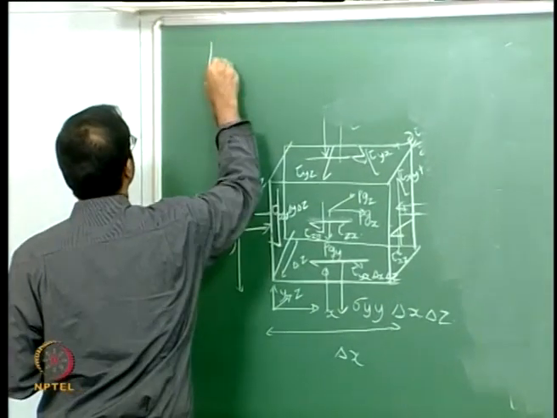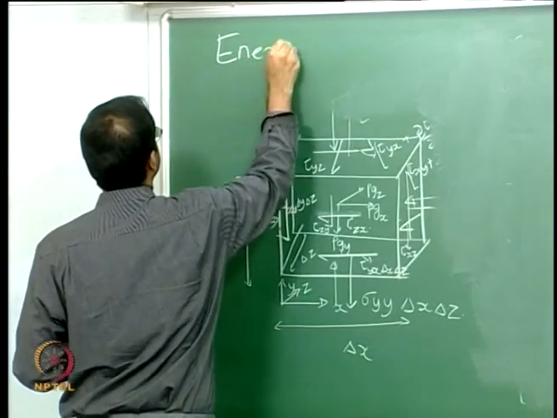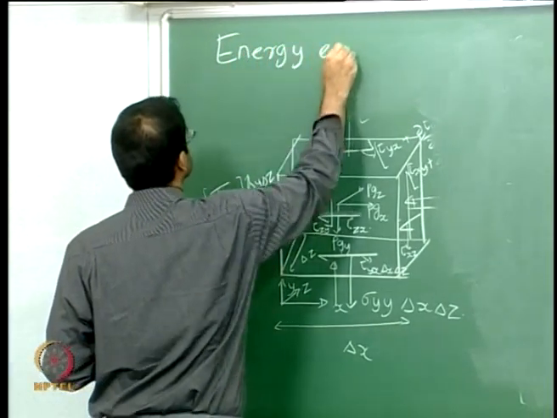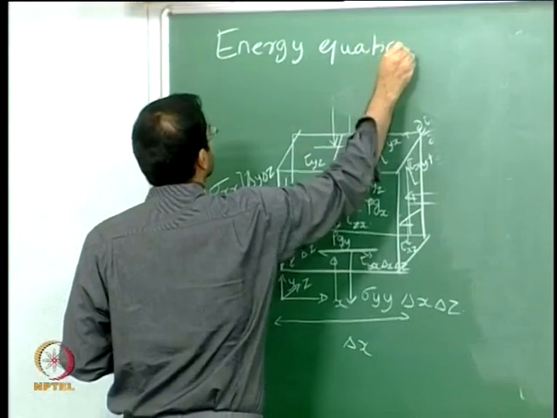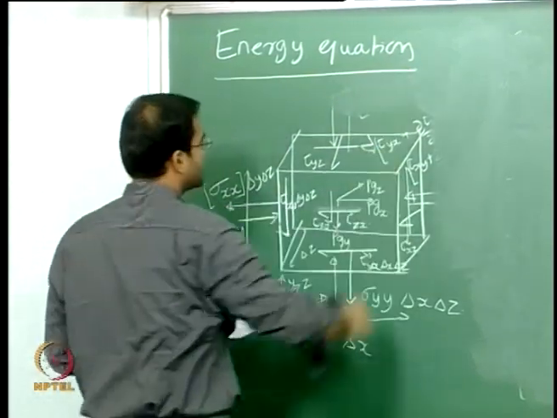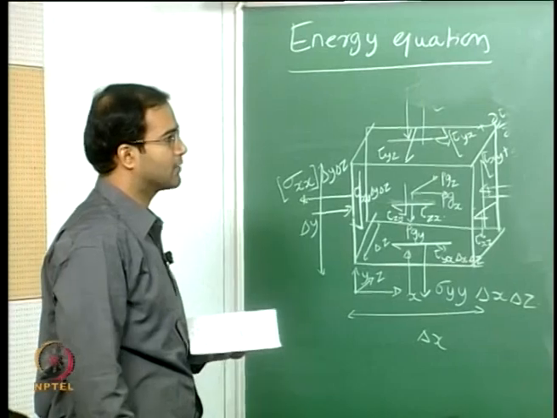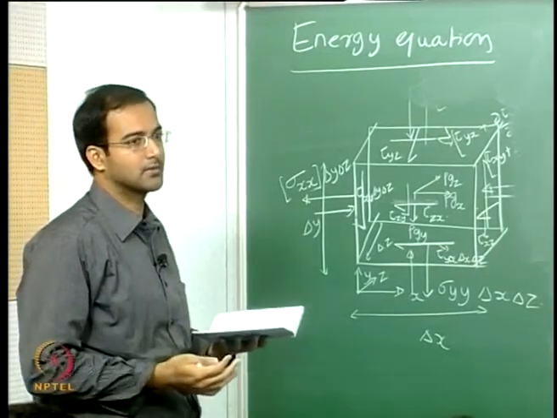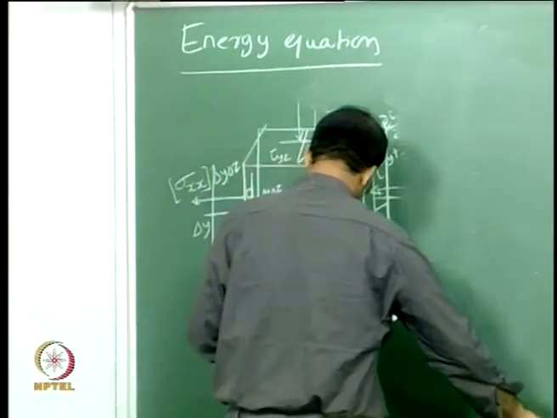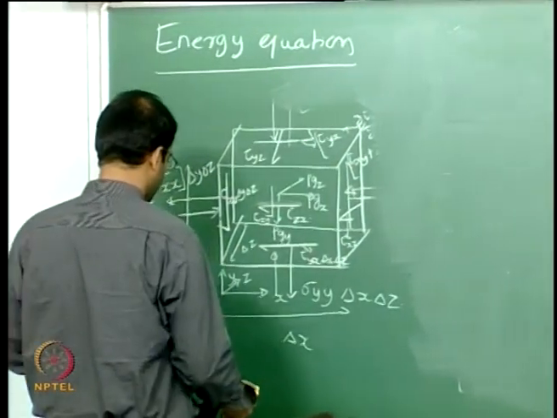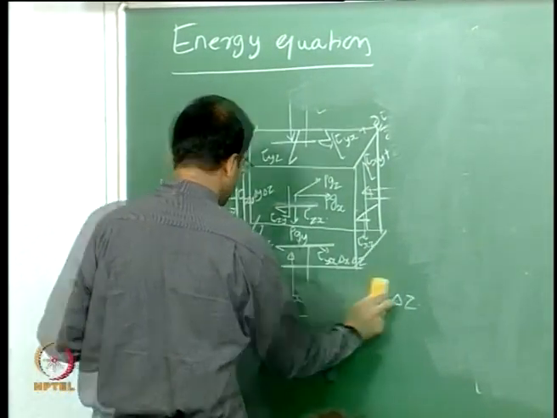Let us start with the energy equation. Now once you understand the momentum equation clearly, I think the energy equation just follows, only you should know the contributions to the energy. What are all the components of the energy?